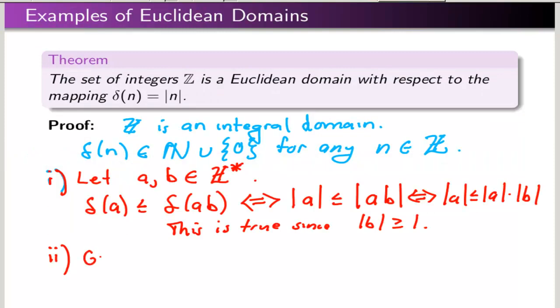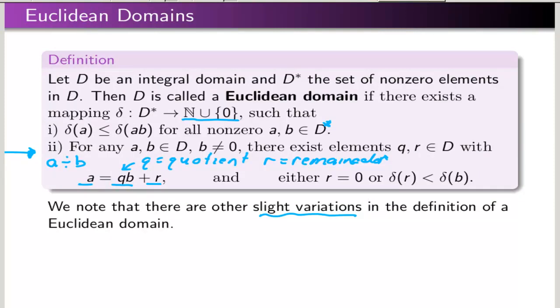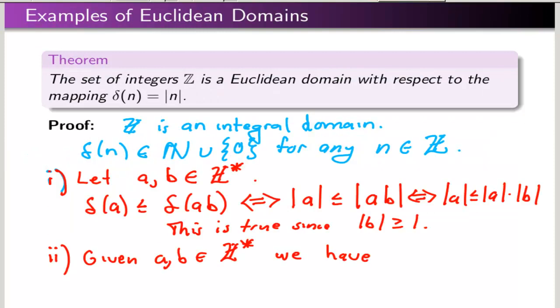So given A, B in Z star, we have, let's see, did I specify? Yeah, we don't even need that. We can just take any two integers. B is not equal to 0. That's the way I've stated it.